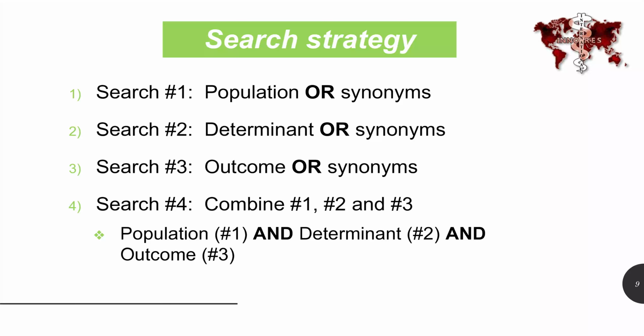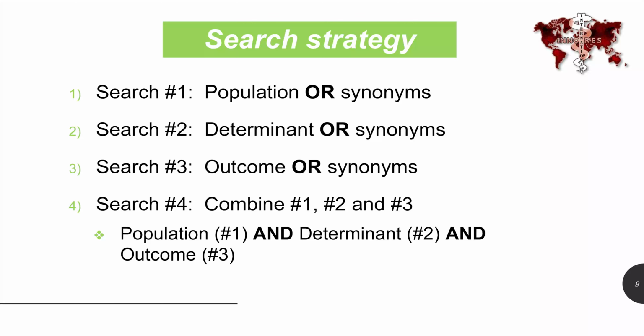Either would work for us. But in our final search component, we need the AND Boolean operator. So it requires all three components: the search strategy for the population, the search strategy for the determinant, and the search strategy for the outcome.